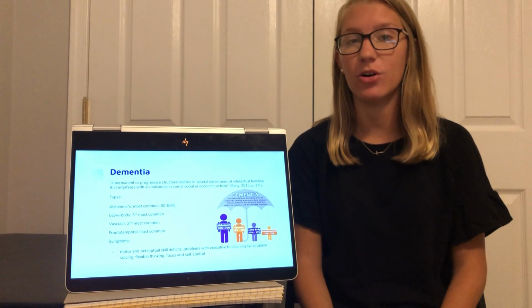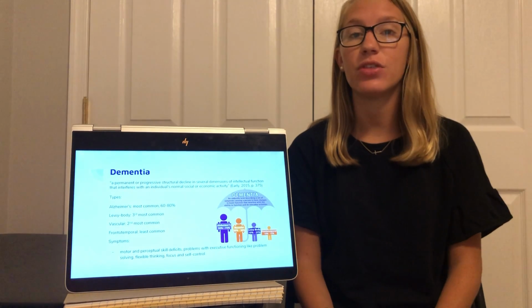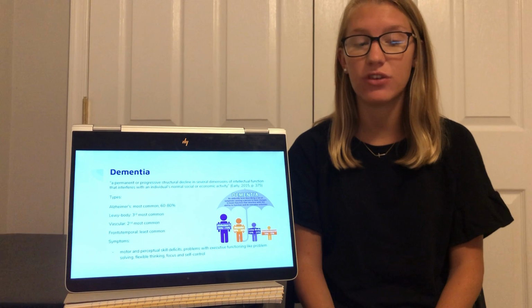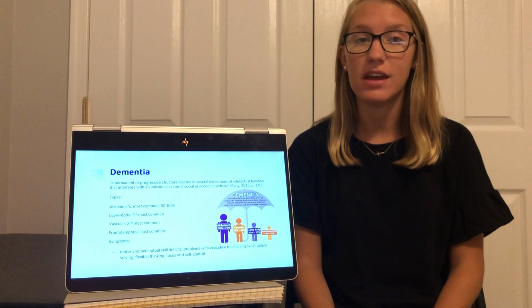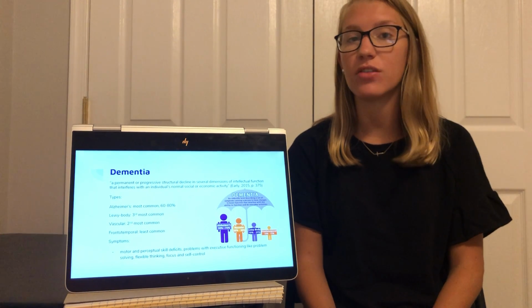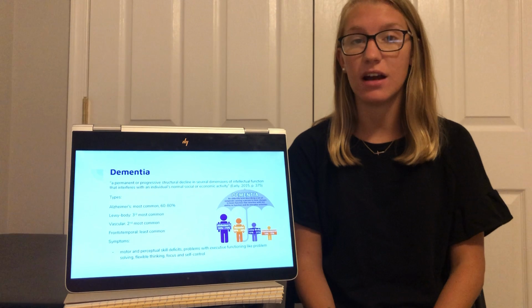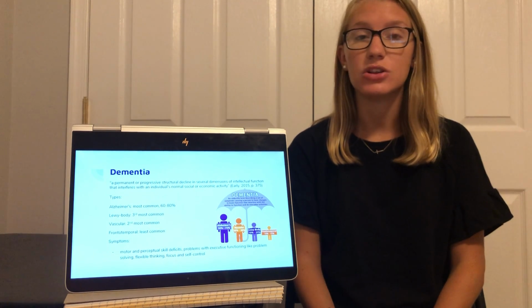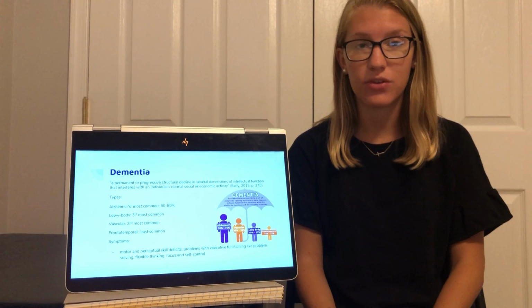First we have Alzheimer's, like I mentioned. This is the most common form of dementia. Vascular dementia is next. This is caused by a lack of blood flow to the brain, either caused by clots or deoxygenated blood. Lewy body dementia is the third most common.